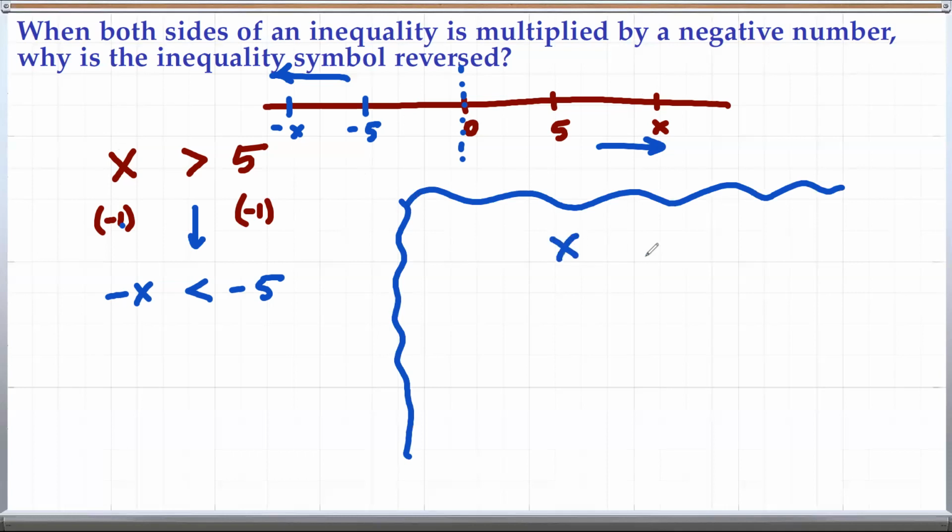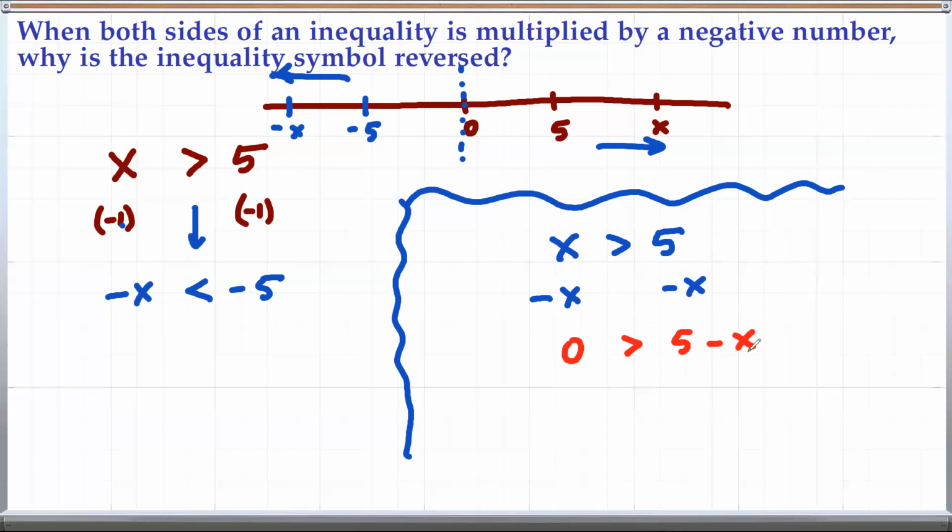So we have x greater than 5. We want to talk about negative x. So let's subtract x from both sides so that we have some inequality for negative x. Then this side becomes 0, x minus x is 0, greater than 5 minus x.